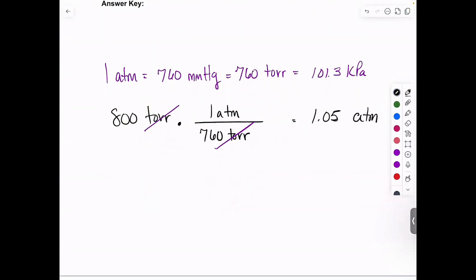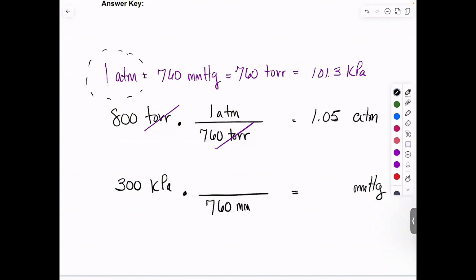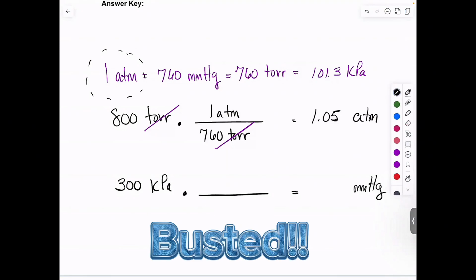And I could do say 300 kilopascals, and I could take it over to millimeters of mercury. A lot of times we're focused on this unit right here because it's necessary in the equations we work with. So atmosphere is going to be probably the most common unit you'll deal with. So if we are trying to aim for millimeters of mercury, ooh, snap, caught myself in a mistake.